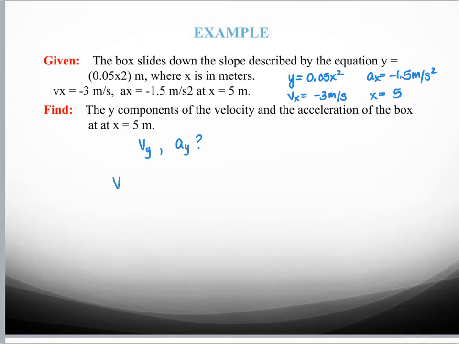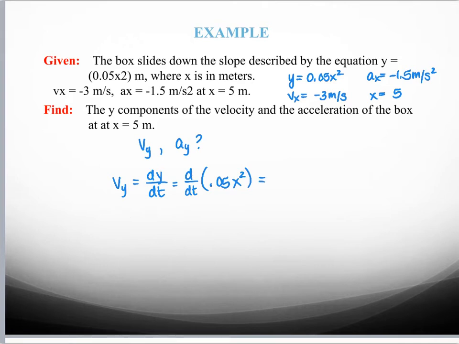So Vy, we know, is the derivative of y with respect to time. And so we're taking the derivative with respect to time of the expression that we were given, 0.05 x squared. Now, it seems at first like maybe this is incredibly simple, but we have to remind ourselves that because our expression for y is expressed in terms of x, when we take the derivative with respect to time, we're going to have to use the chain rule.